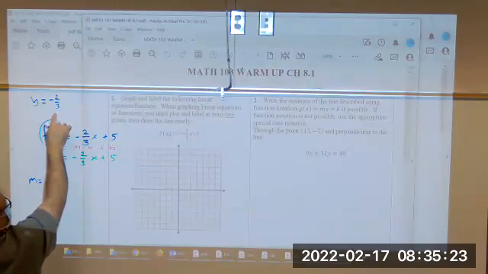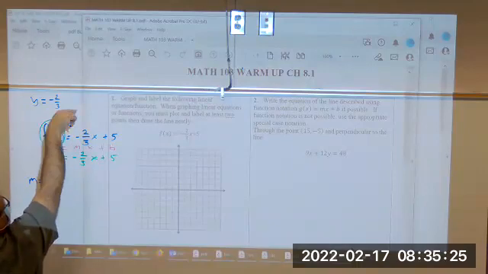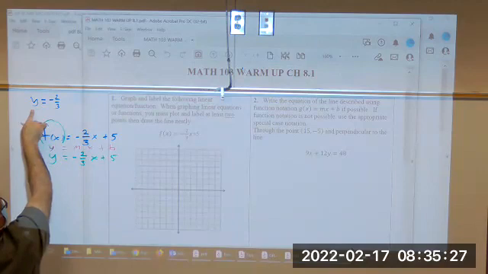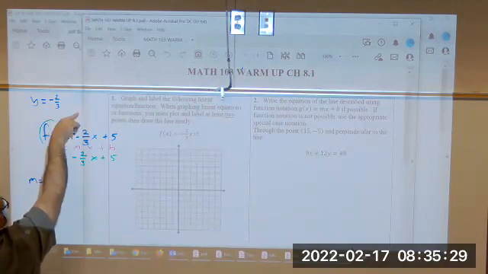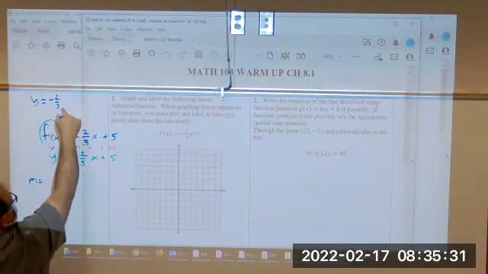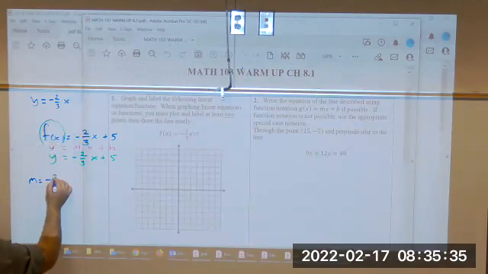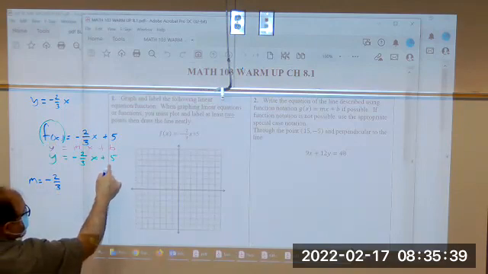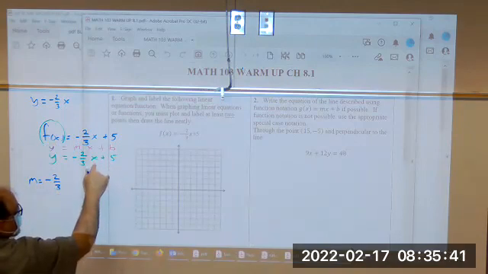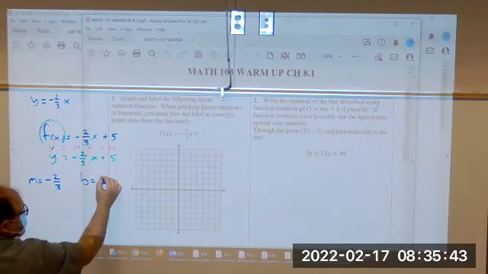That is your y-intercept. And it's horizontal anyway, because when you have only y by itself, special case, horizontal. When you have an x, the coefficient, that's your slope, -2/3. The constant that comes after the x, that's the b, that's the y-intercept.